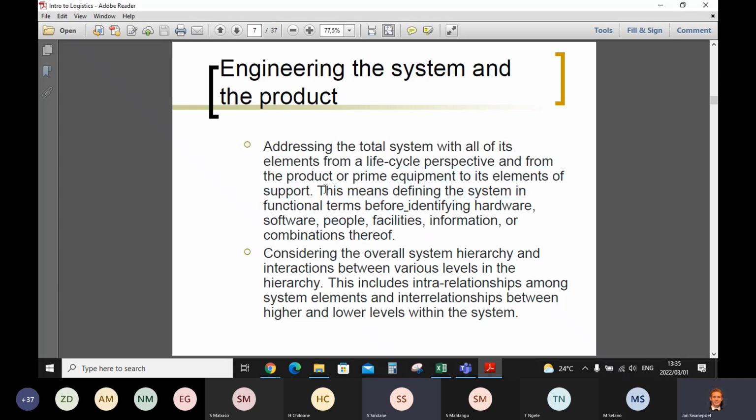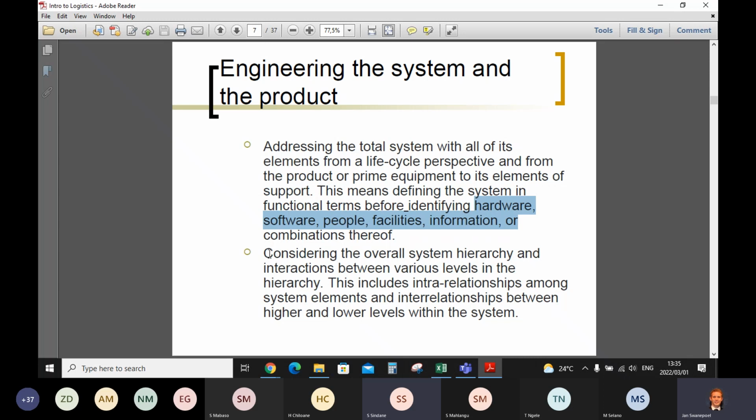So that becomes a difficult road to tread. But the idea in systems engineering is to start with a need, to define your product in functional terms before you start identifying hardware, software, all of that stuff. And I know in many cases it's very difficult. And I'll show you how it can backfire. That's one of the two examples that I want to show you.